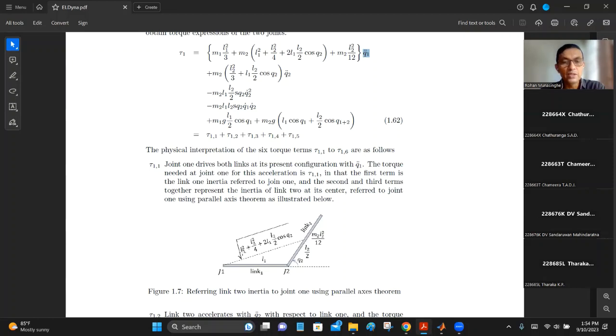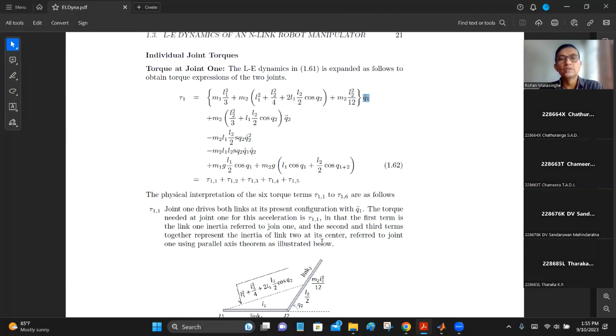Then you need to get the square of this length, and then transfer the inertia to joint 1 position. So you get the inertia here, m2 L2 square over 12, and then add onto it whatever is coming from the parallel axis transfer. So that is this part over here.